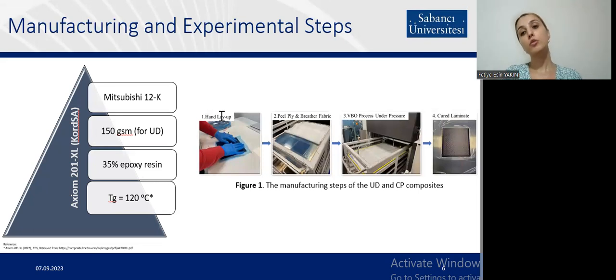In the right part, you can see the manufacturing steps of our composite lamination. We use hand layup, and also the peel ply and breather fabric. We apply 1 atm pressure, and these laminates were kept for 24 hours before the oven curing step. And in the last part, you can see the cured lamination.